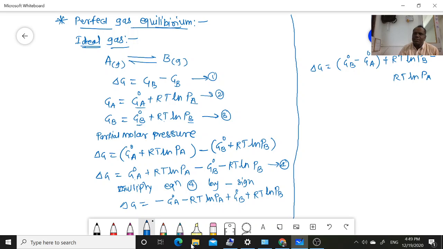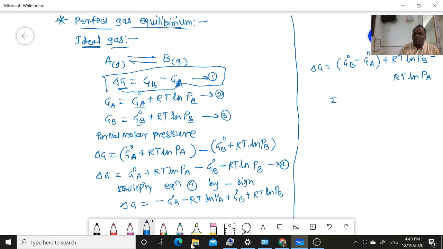Now this G0B minus G0A is equal to delta G0. Therefore this is one and the same, that is, in this equation we can write delta G instead of Gb and Ga.